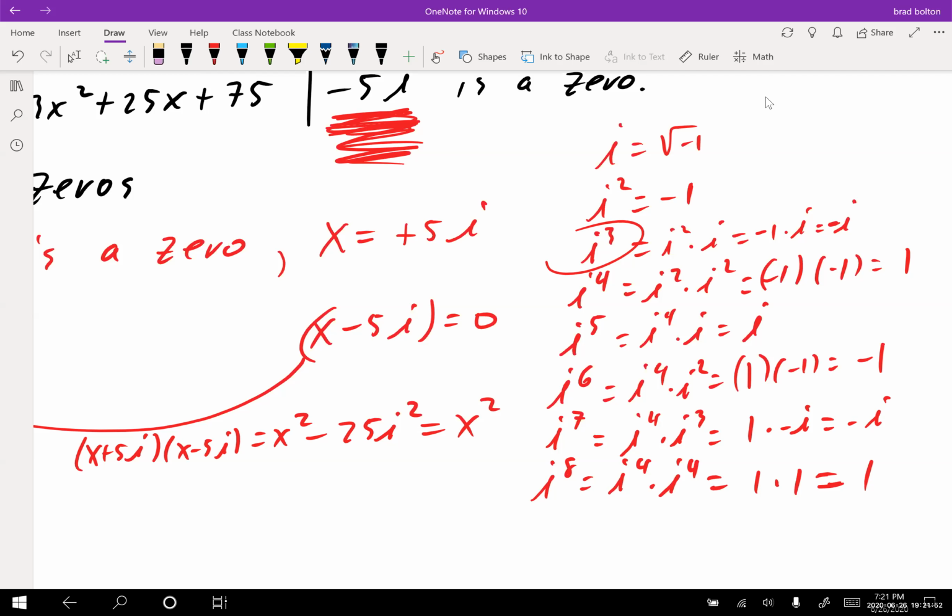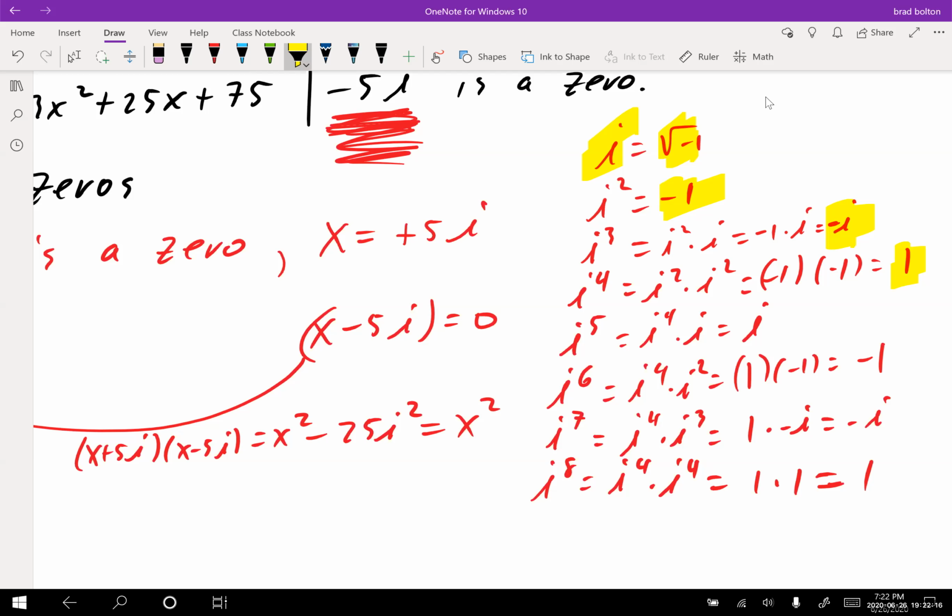So this is cyclic. It has a 4 cycle. It recycles itself every 4. So I could ask you i to the 235th power, and you would divide by 4. Whatever the remainder is, that's the power you're on. Okay, so you'd be on i. So every answer, when you're dealing with powers of i, is either i, negative 1, negative i, or 1. There are no other choices for powers of i.